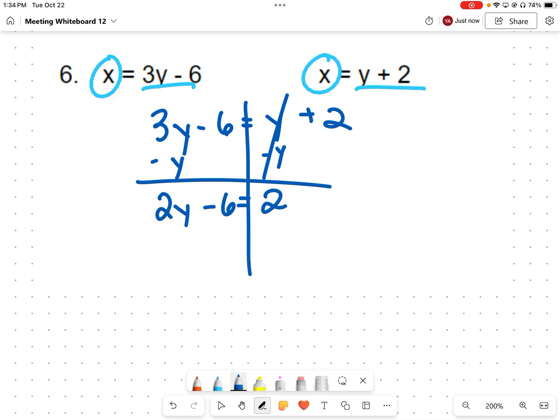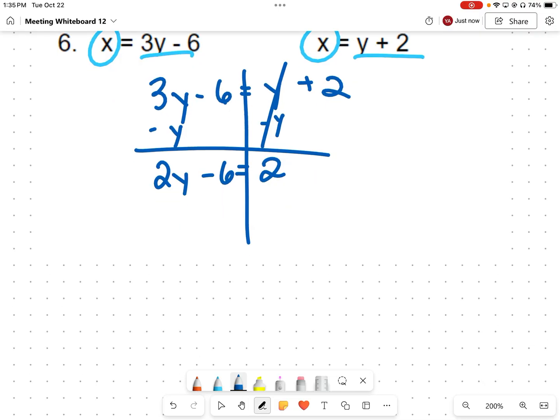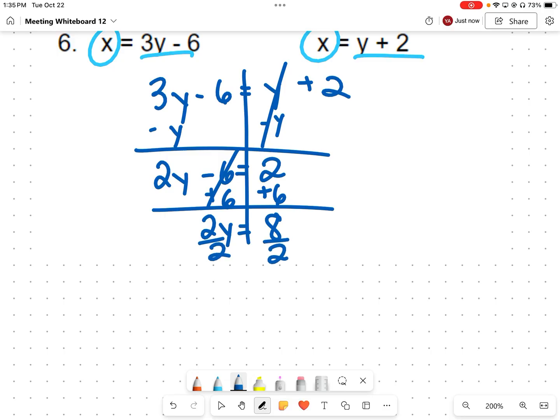What do we have to do? Plus 6. 2y equals 8. And then what's our next step? Divide by 2. So what does y equal then? 4. Okay, so we have one of them.